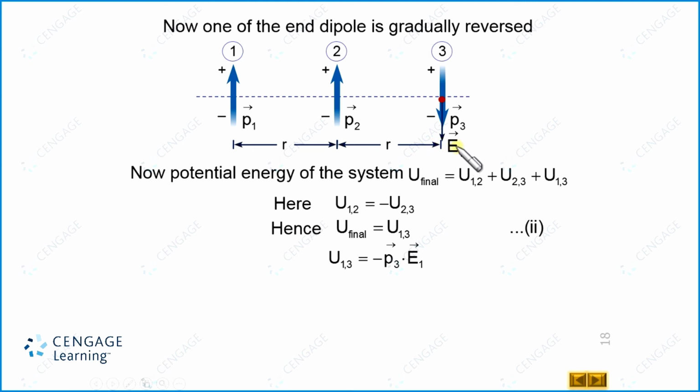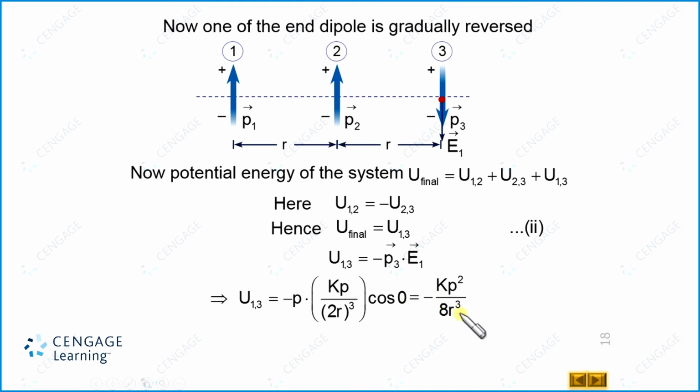We know the formula for the electric field because of this dipole as kp divided by (2r) to the power 3, because separation is 2r. The angle is 0 degrees between P3 and E1 vector. So we can write minus P multiplied by E1 magnitude multiplied by cos 0. That means it is equal to kp square divided by 8r cube. This is the total potential energy at the final configuration.